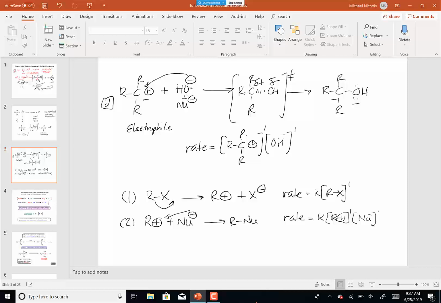And if I take these 2 mechanistic steps and I add them together, what do I get? Alkyl halide plus nucleophile makes product plus X minus. And that's our overall reaction.